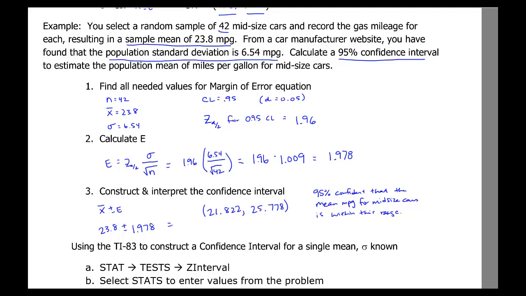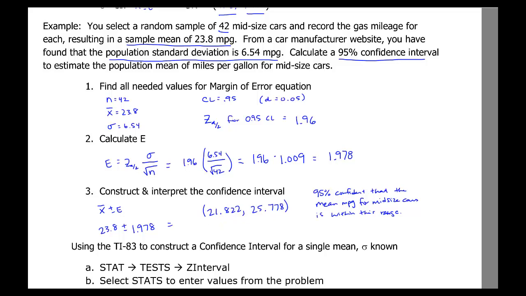So that's one way to write an interpretation for a confidence interval. Remember, there's no probability. The population mean either is in this range or it isn't, so don't say that there's a 95% probability. Just say you're 95% confident.